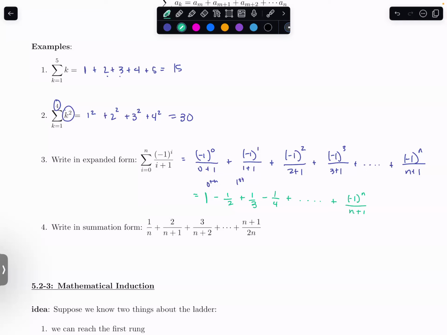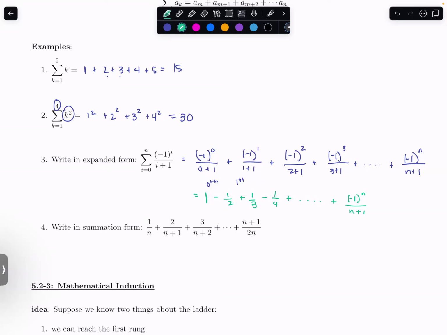Okay, so the nth term is -1 to the n over n plus 1 still. So the summation notation there, you're just adding up all of those parts in a sequence. That's an alternating series, folks. For those of you in Cal 2, that is probably what you're doing right about now.